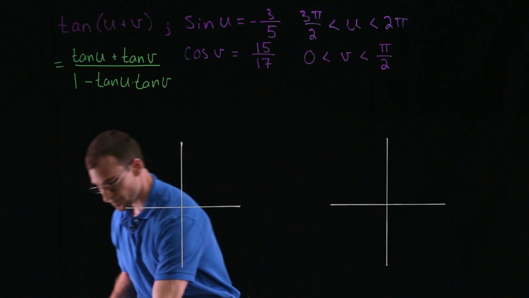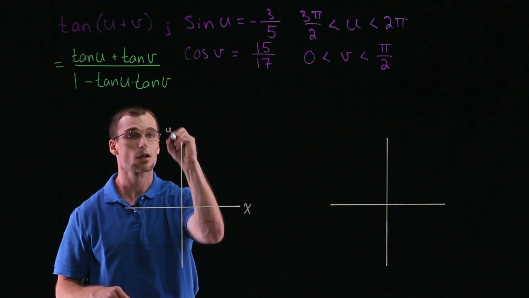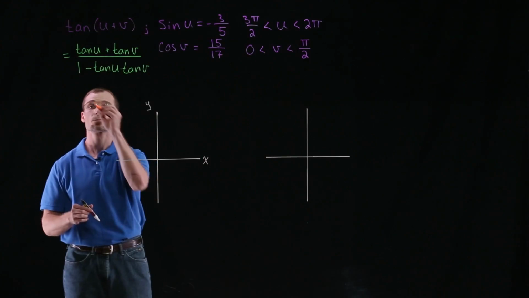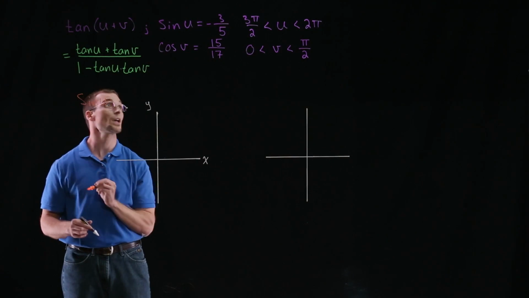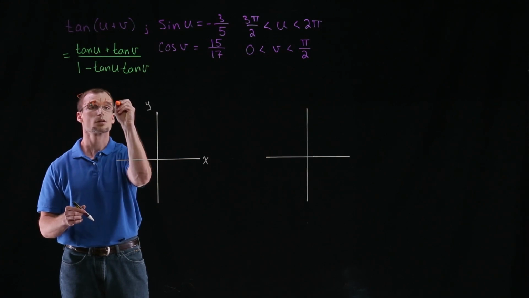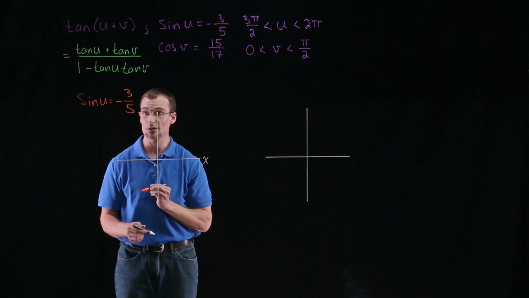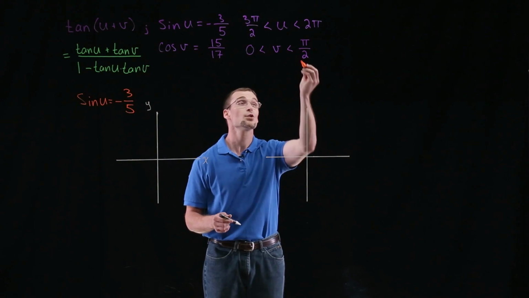So looking at this, say having our xy plane, and knowing that, say, sine of the angle u is equal to negative 3/5. And where is u? Between 3 pi over 2 and 2 pi.